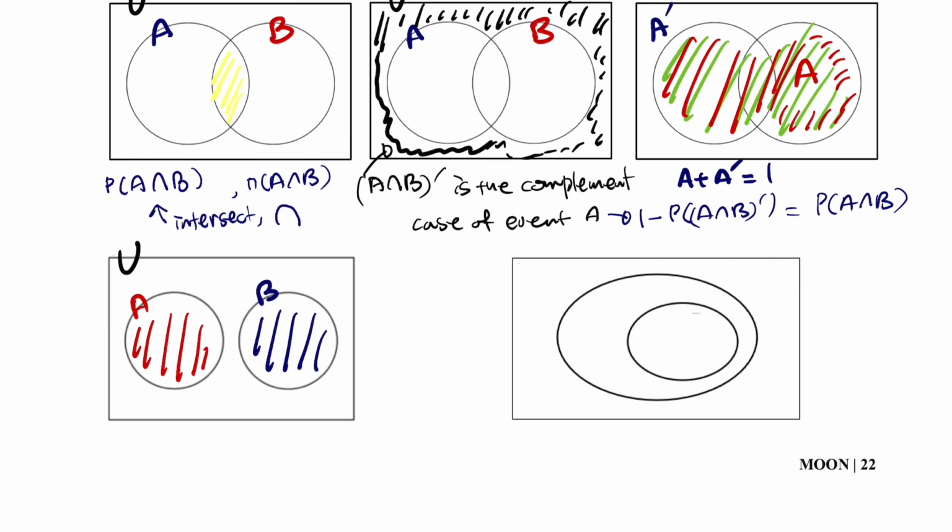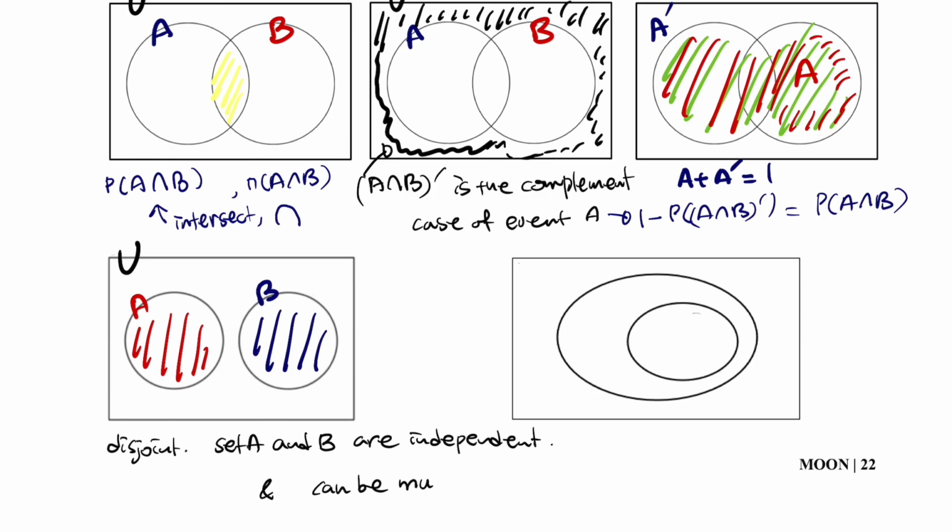So these two events are disjoint, and in that case, sets A and B are independent, but they can also be the mutually exclusive case. We will talk a little more about the mutually exclusive case a little later, but this is how you represent the independent or mutually exclusive case.